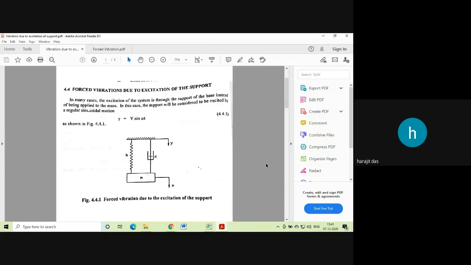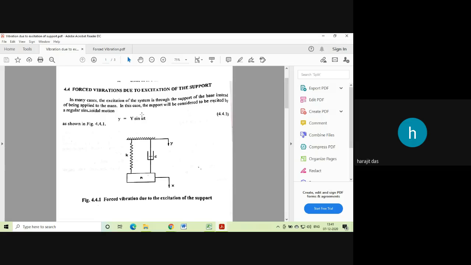One will be the motion of the support, or the displacement of the support due to some external sources. Let us consider the equation of motion of the support as y equals capital Y sine omega t.